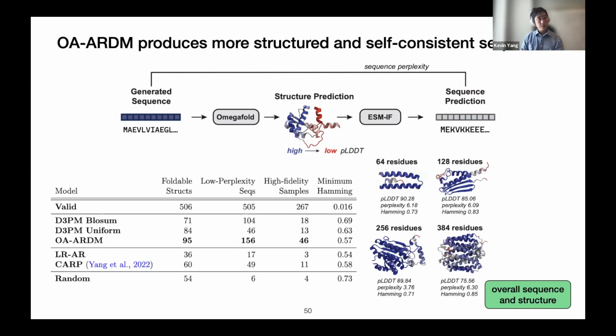And here are some cherry-picked examples from the OA-ARDM model after putting them through OmegaFold. So you can see it is possible to generate things that are high confidence and have a variety of architectures.